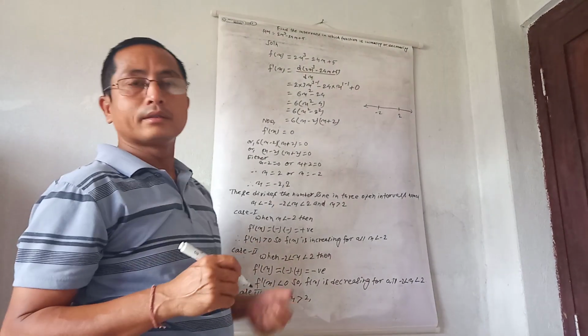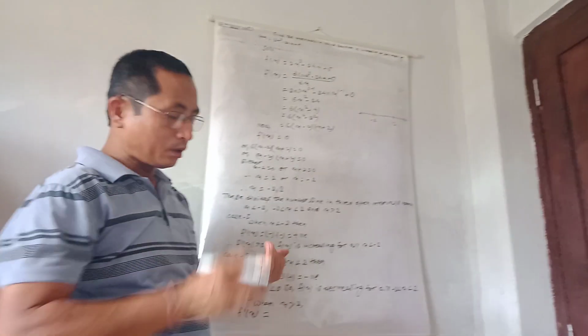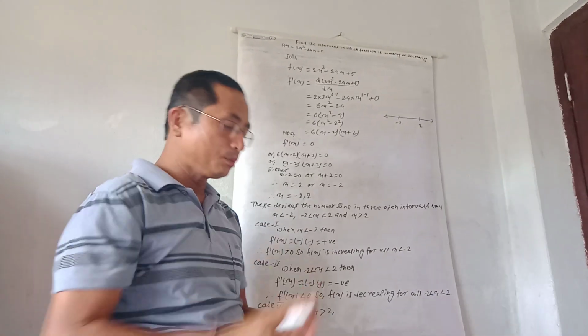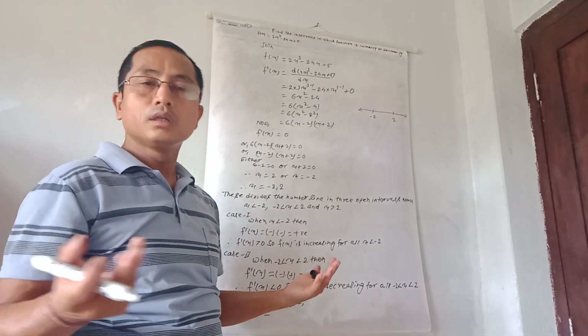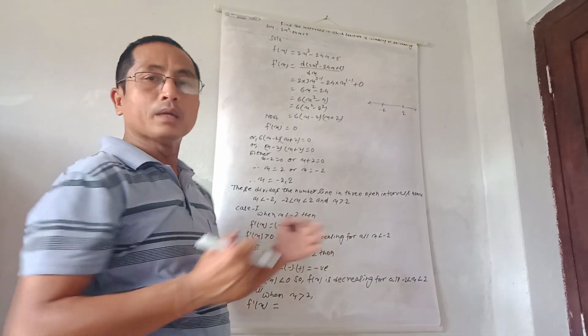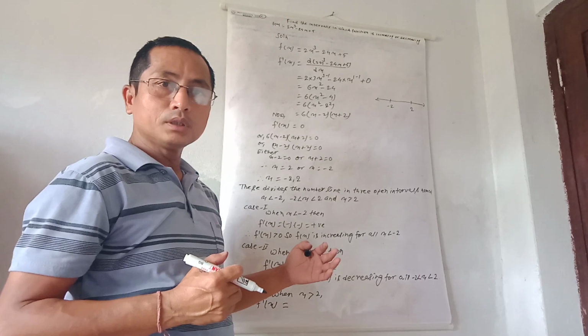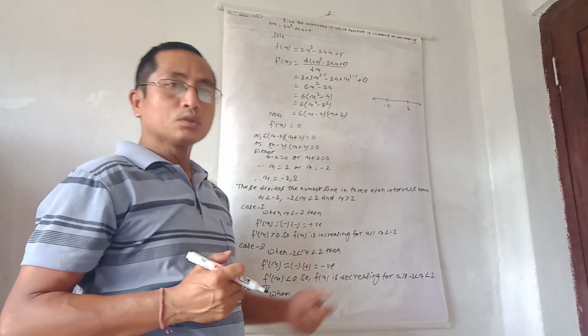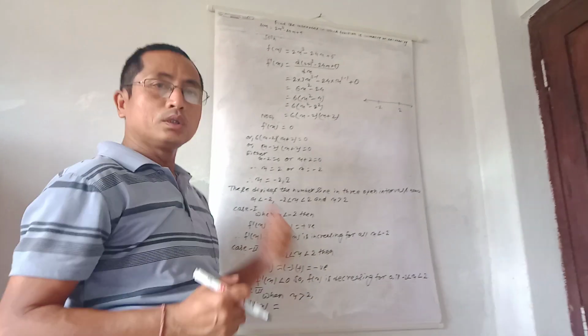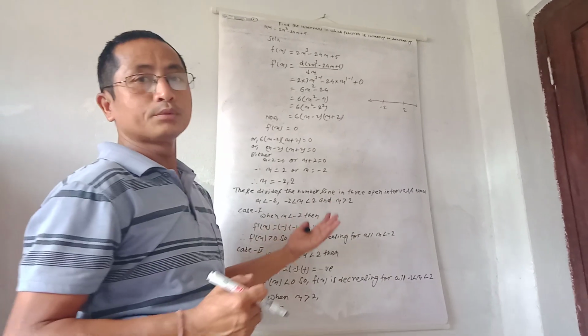So x is greater than 2, that means x can be 3, 4, 5, 6. Its value is indefinite. Any value except 2, because 2 is not a value of x. So we can put 3 or 4.